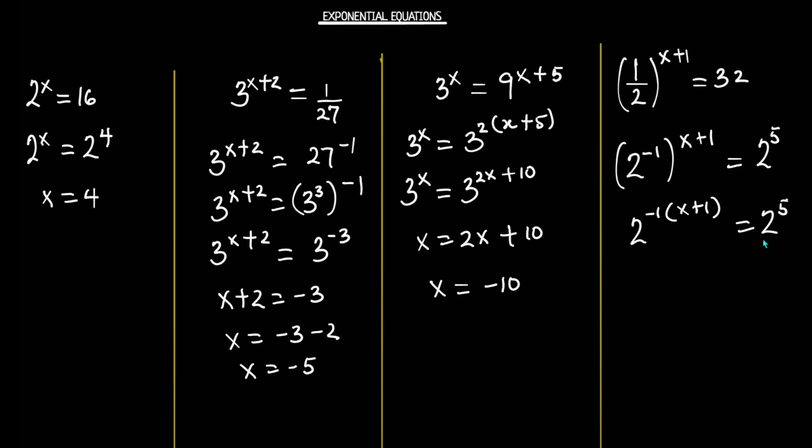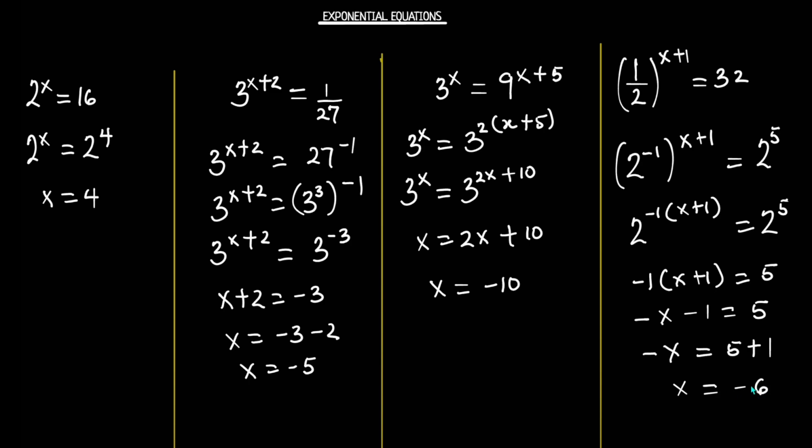You can compare the power, you can open the parentheses, it's your choice. So I am going to do negative 1 times x plus 1 equals 5. Negative x minus 1 equals 5. Negative x equals 5 plus 1. By the time you finish that, you have x equals negative 6.